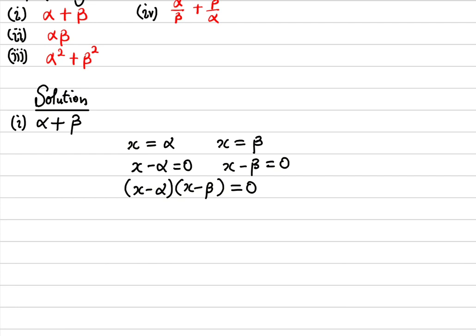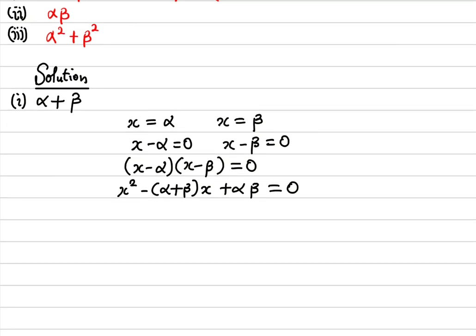Now, when I expand, I'm going to have x squared minus (alpha plus beta) x plus alpha beta. I think you should be able to do this, okay? But one thing I know is that the general format of a quadratic equation is ax squared plus bx plus c equals 0.